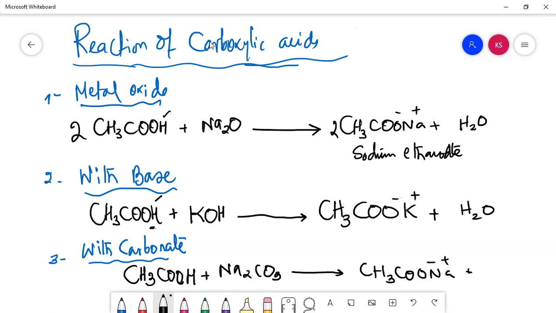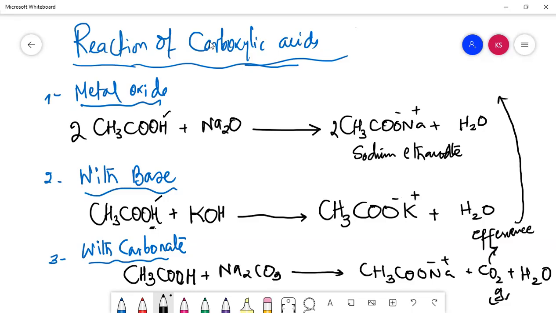Beside this, we get CO2 and water. So you get lots of CO2 gas bubbles, and that comes out as effervescence. And this helps to confirm carboxylic acid. This effervescence confirms carboxylic acid.